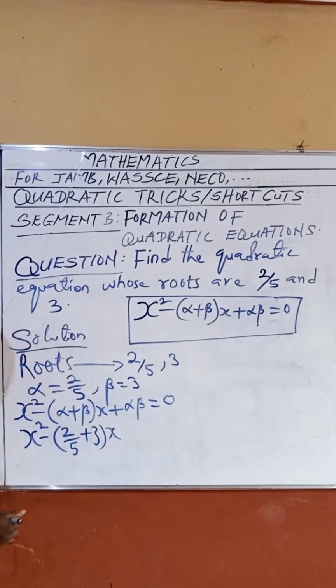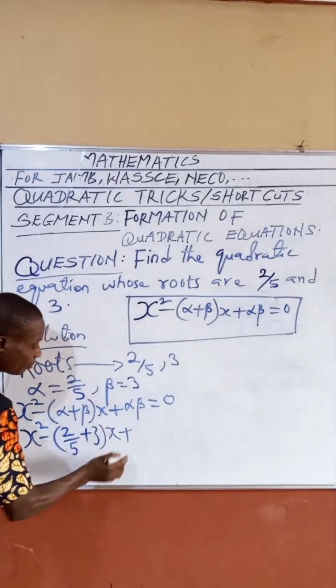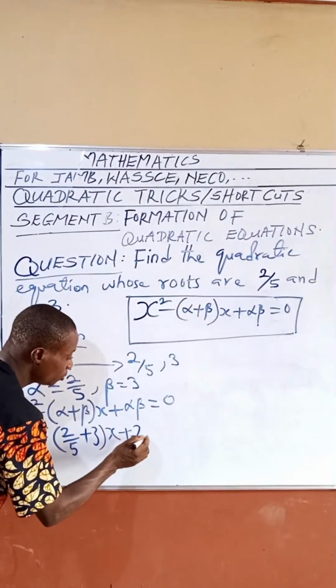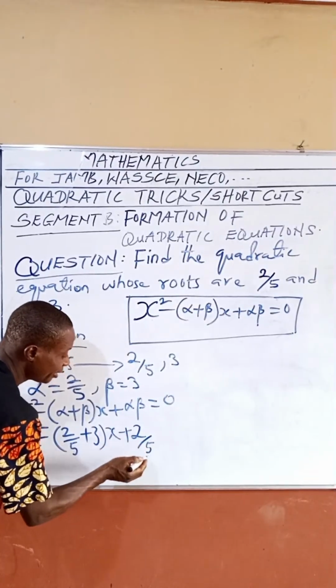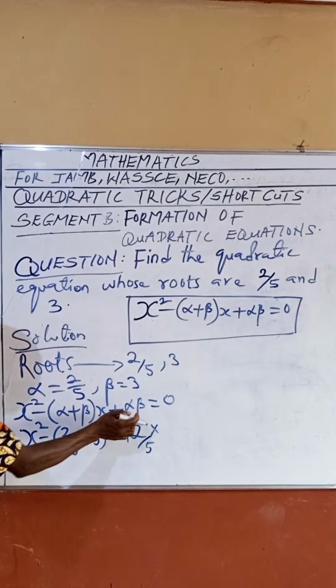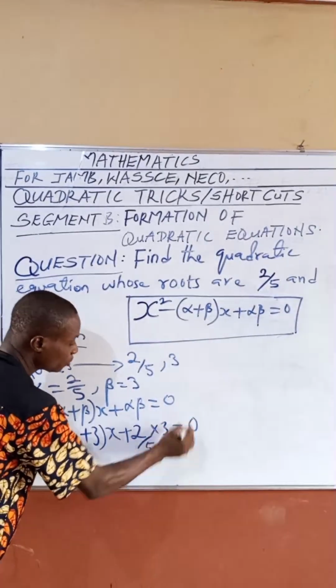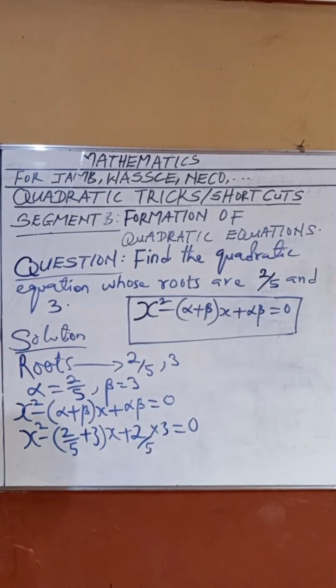Then outside the bracket we have x. Then we have plus alpha, 2 over 5, times beta. Beta remains 3. And that equates to 0.